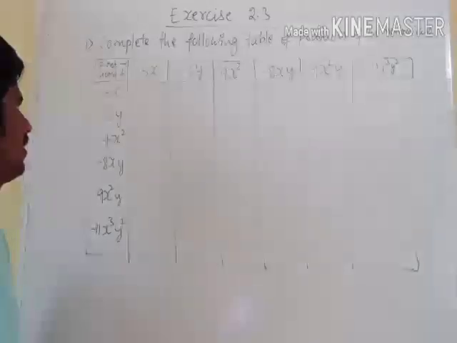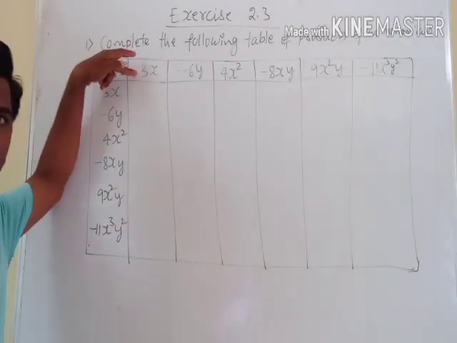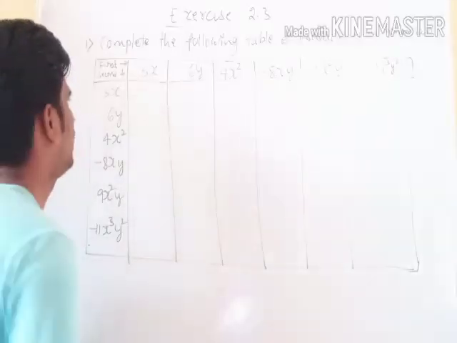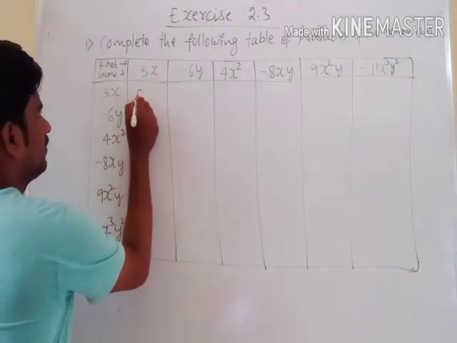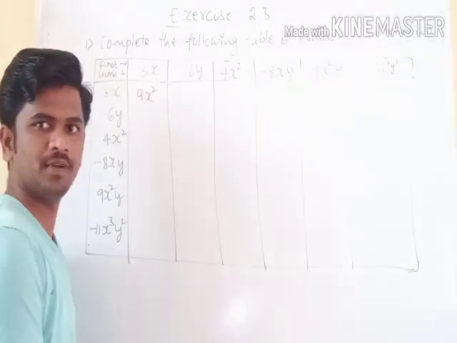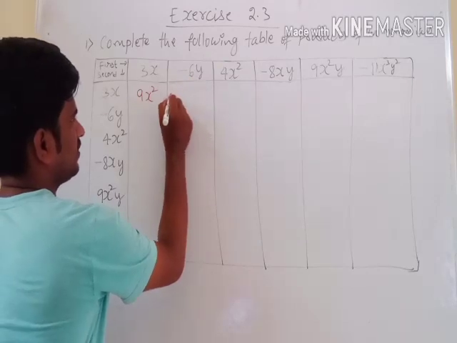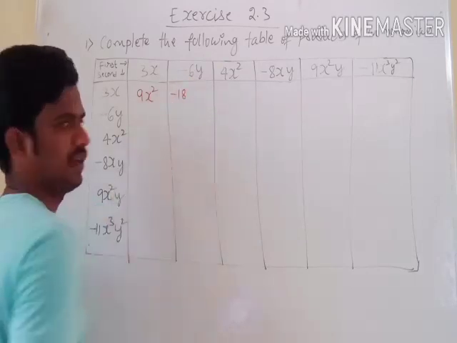Okay, then we have to complete this one, that is 3x. Here is also 3x. Then you multiply 3 3s are 9, x into x, x square. Then next, the second one, 3 into minus 6, that is minus 18.